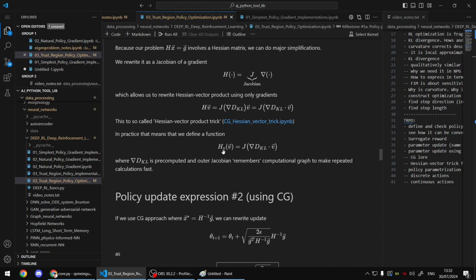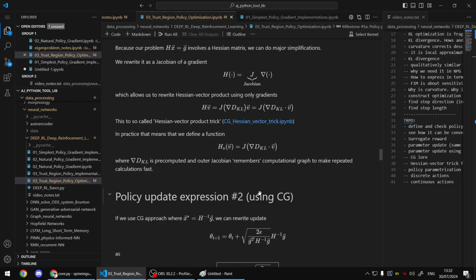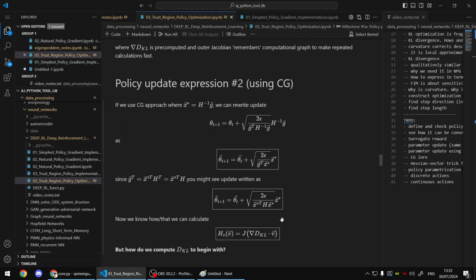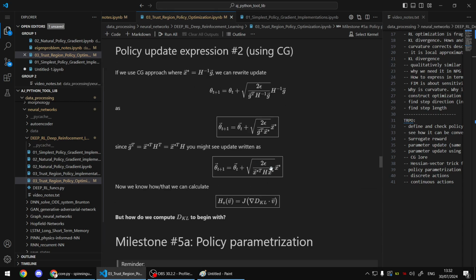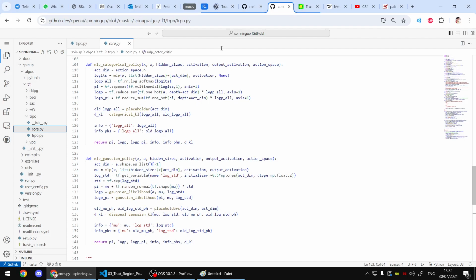We needed it because we wanted to calculate the Hessian product with some vector v, and this Hessian was needed for conjugate gradient to determine the update rule. And magically, it looks like we have basically derived the proper update rule. That's it. It kind of ends abruptly, I guess.